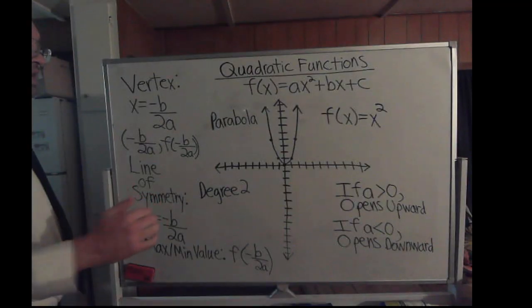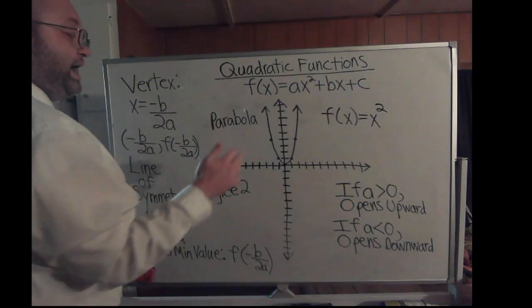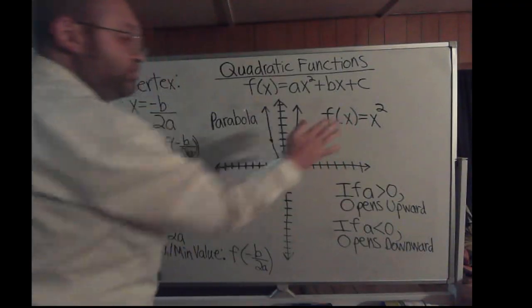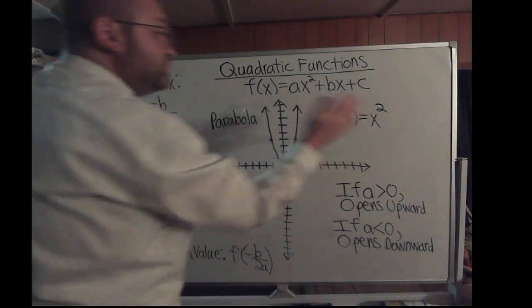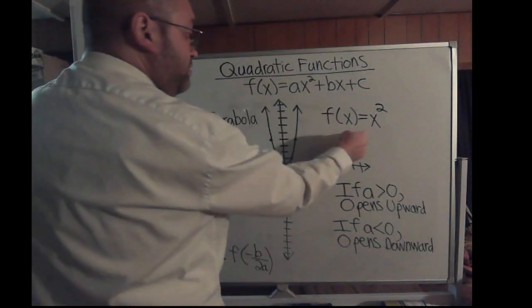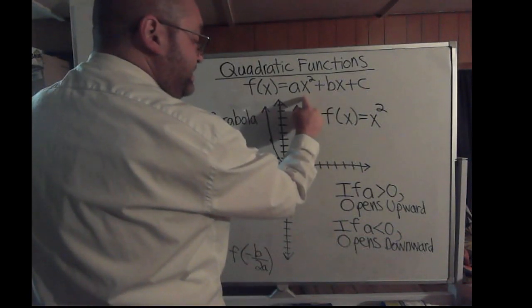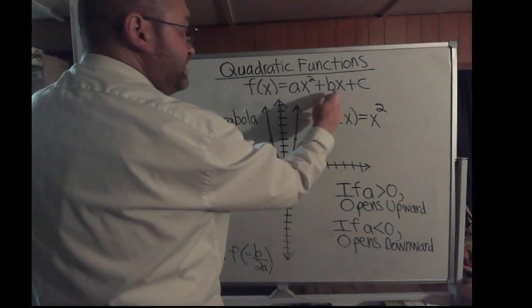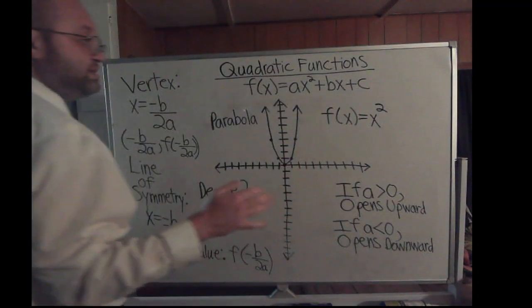Now, here what we have is the graph of the most basic quadratic function, f of x equals x squared. That has a coefficient, of course, of 1. A is your coefficient on the x squared term, B is your coefficient on the x term, and C is your constant term.